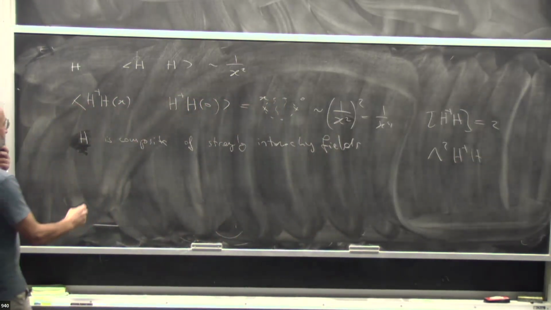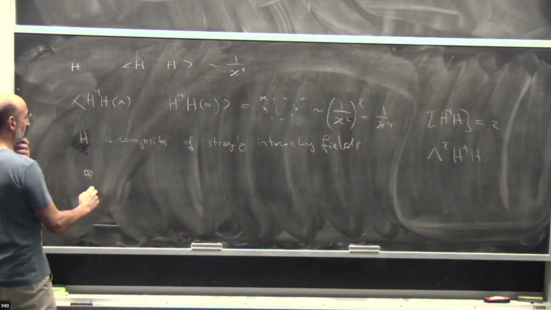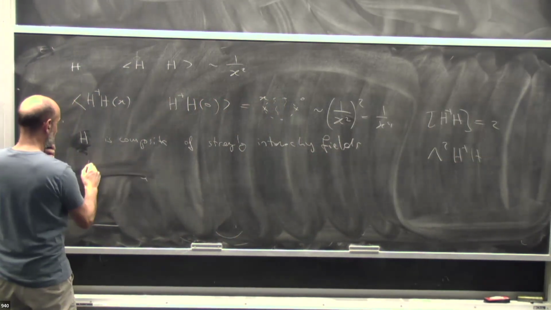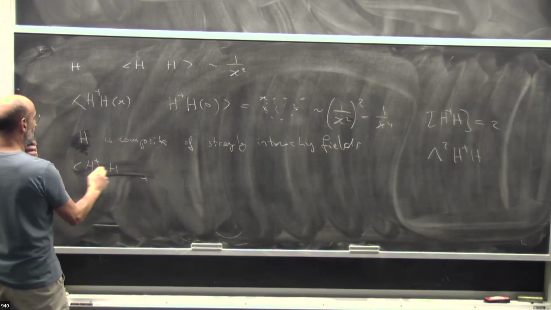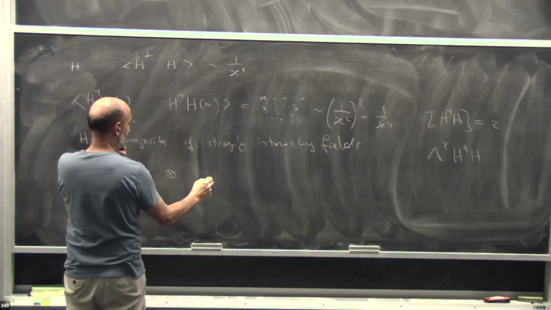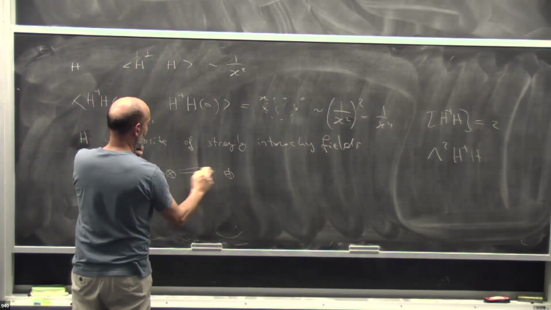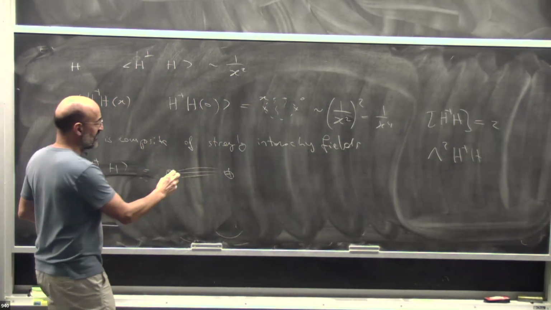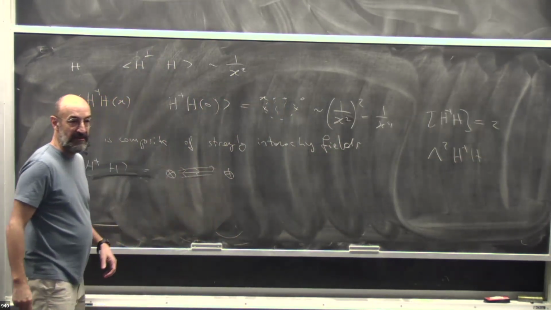Which means that when you compute its two-point function, you should view it as if you had more than one field being exchanged, and these fields interact very strongly.